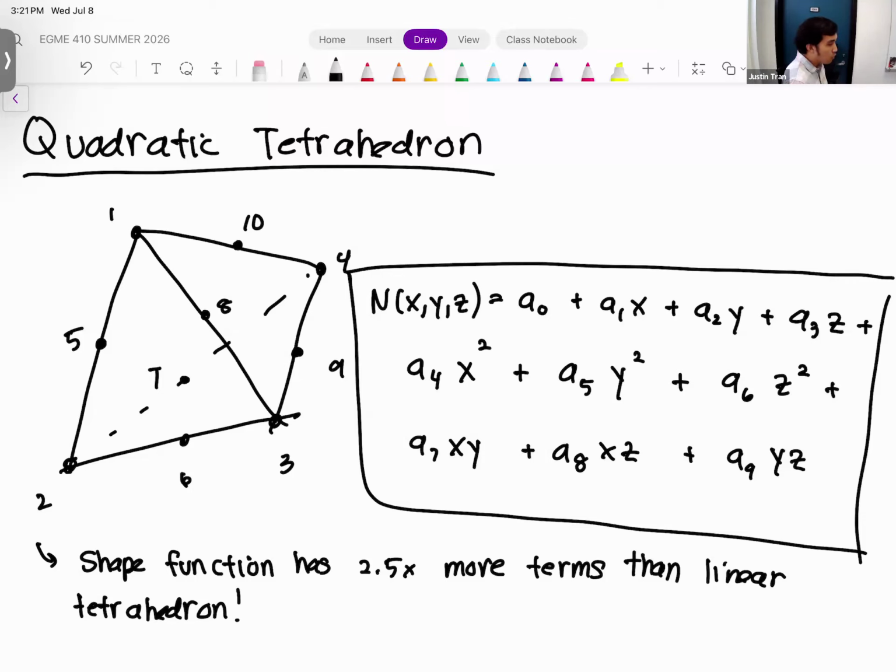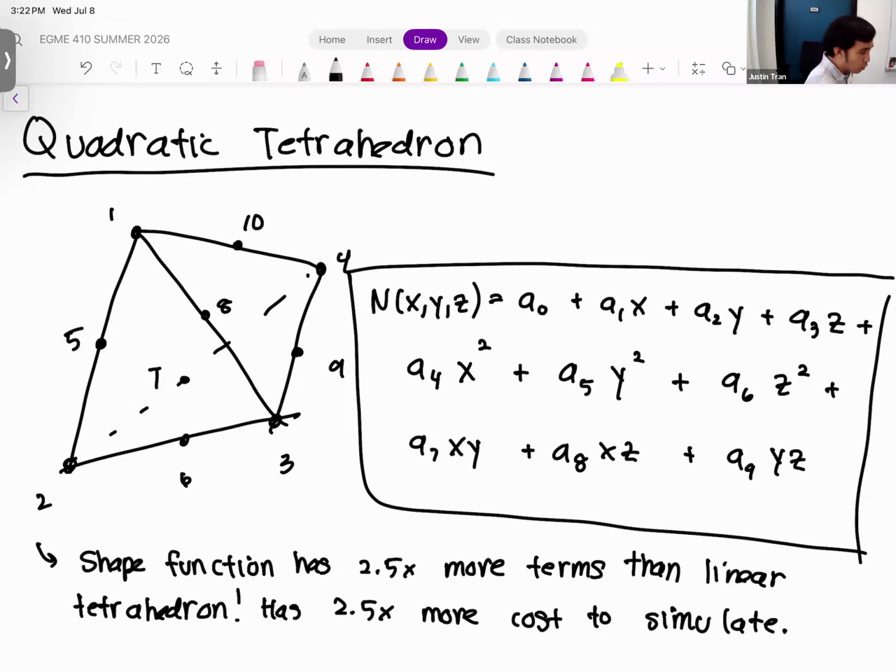With 2.5 times more terms, you can associate that with 2.5 times more cost. So each quadratic tetrahedron that you use compared to a linear tetrahedron is going to take 2.5 times more computer memory to store the result. It's going to take 2.5 times more time to run the solution. So it is actually a pretty significant bump.